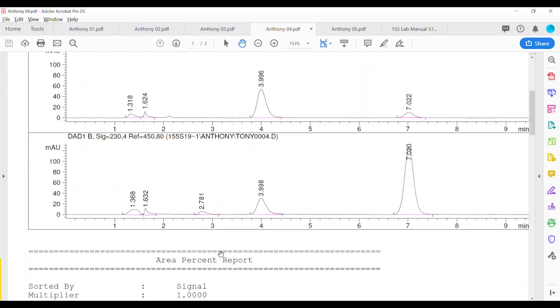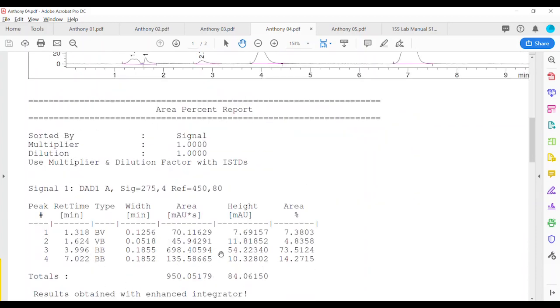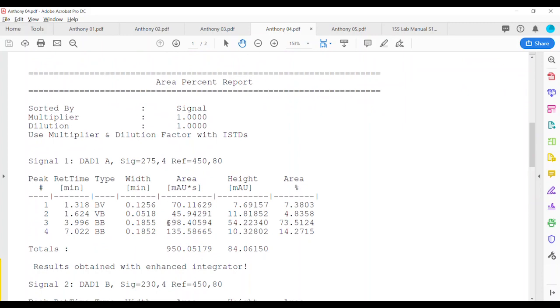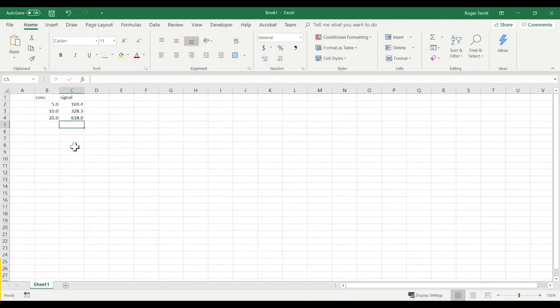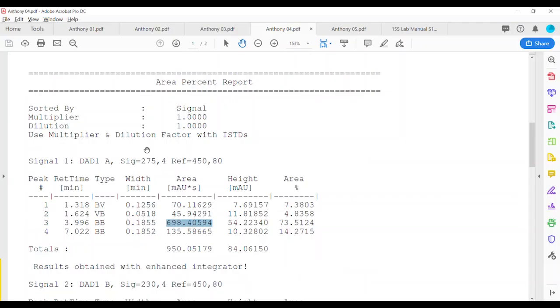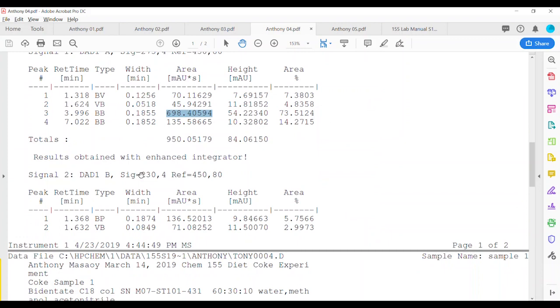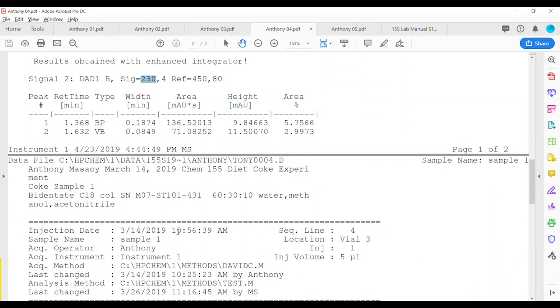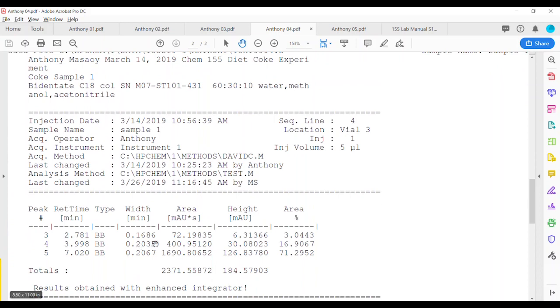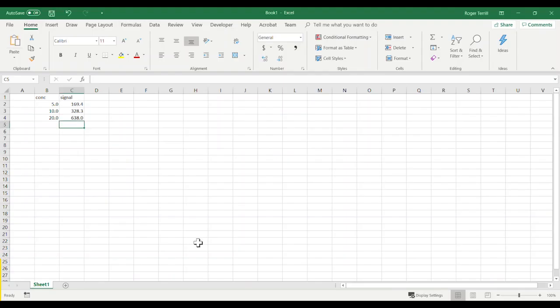So 3.998 minutes, 698.4 is our first. Oops, wait, no, that's 275. Sorry, we have to look at 230 and 4 minutes, and that area is 400.95.